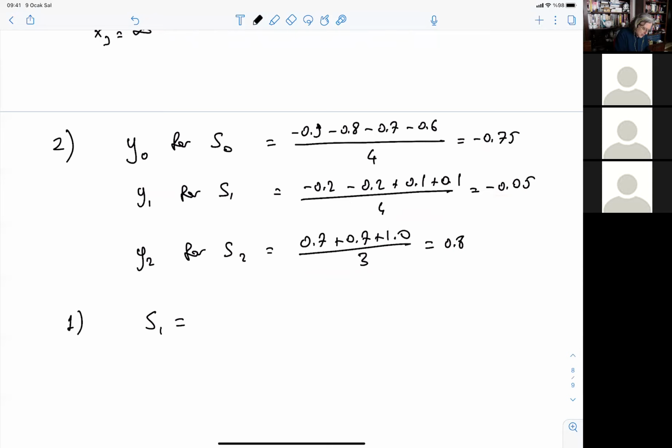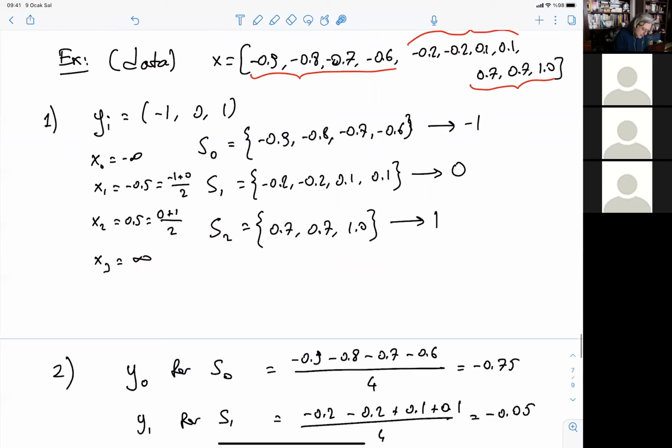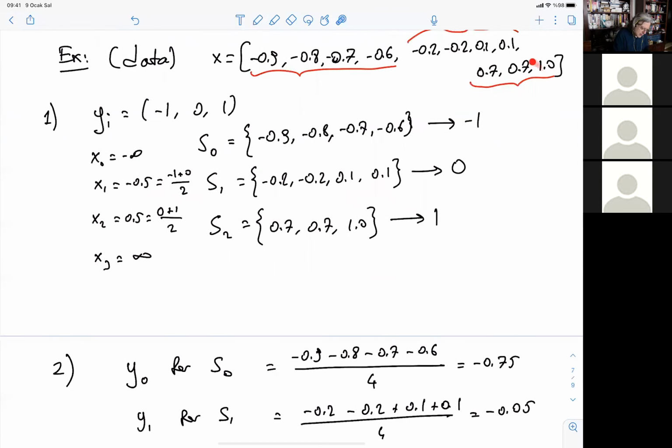So what was my data? My data was these numbers. So to minus 0.75, which are nearer to minus 0.75. Again, of course, the data is few, the iteration has logically started, so everything works well.